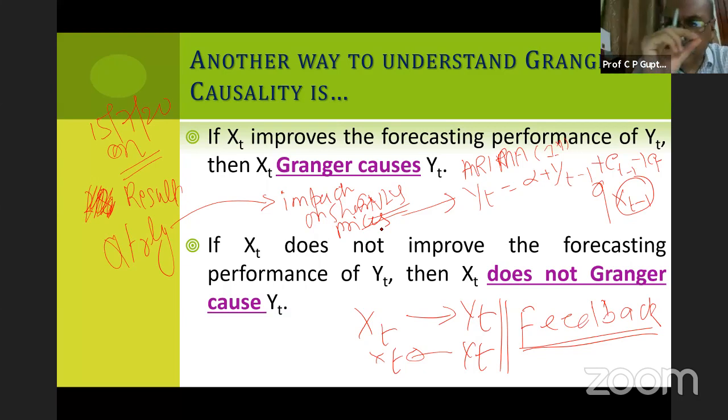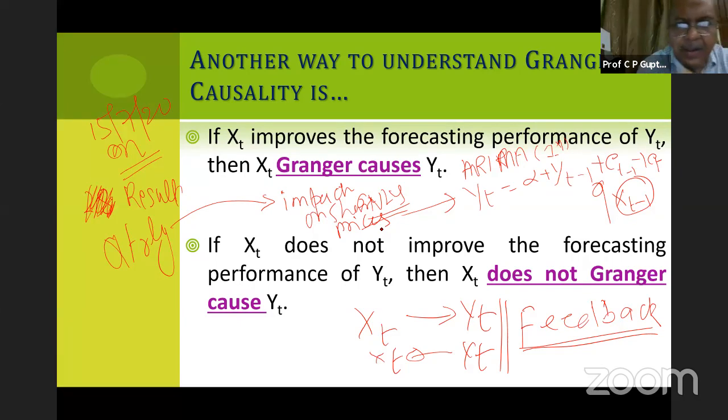If you put it on a timeline, the event of switching on is happening before and the working of the fan is happening later on. So I can say switching on Granger causes the working of a fan.